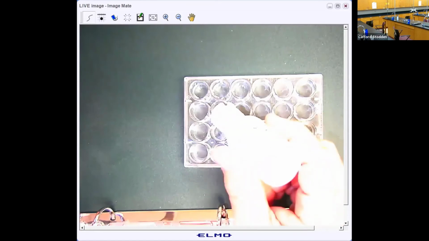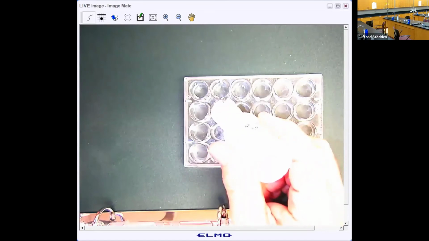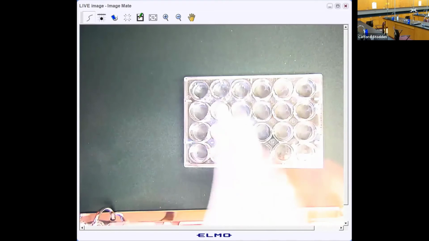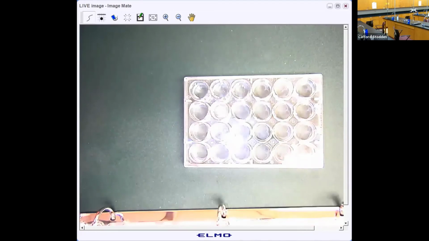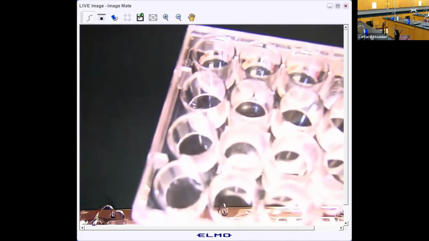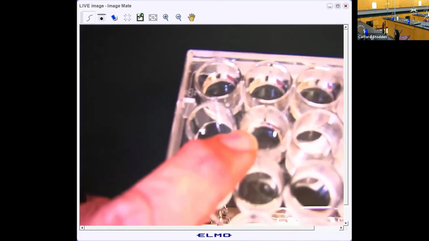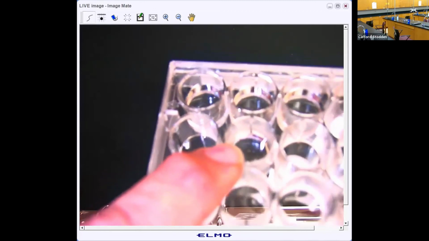I'm going to add 5 drops. Can you see the vapor swirling around that? That's actually smoke that's occurring over the surface of that one. And you can also see that on the sides, there's some condensation on the sides of that well plate as well.